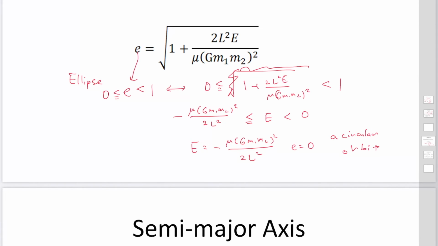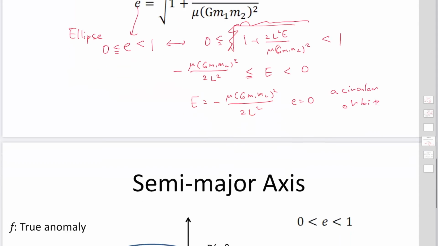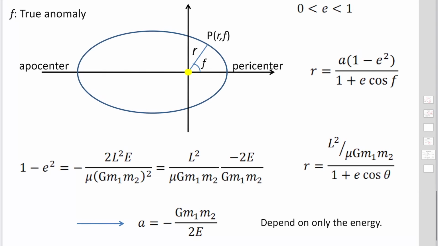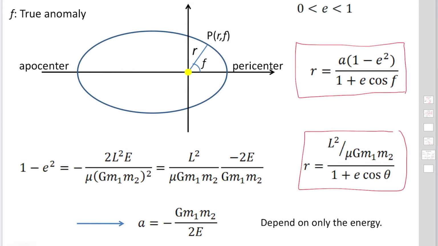Okay, then we'd like to move to the next topic, the semi-major axis. So we derived these equations. In the case of the elliptical orbit, we also derived this equation. If you look at these two equations, theta corresponds to f, the true anomaly, and e corresponds to this eccentricity.